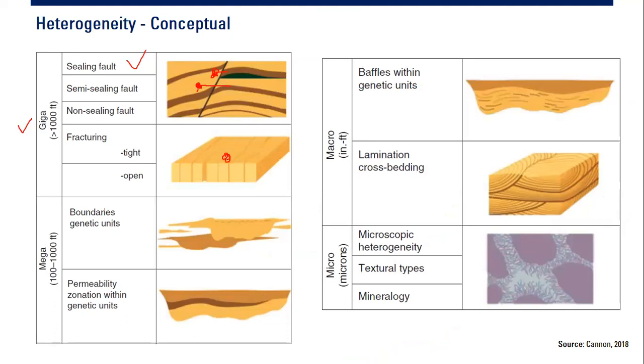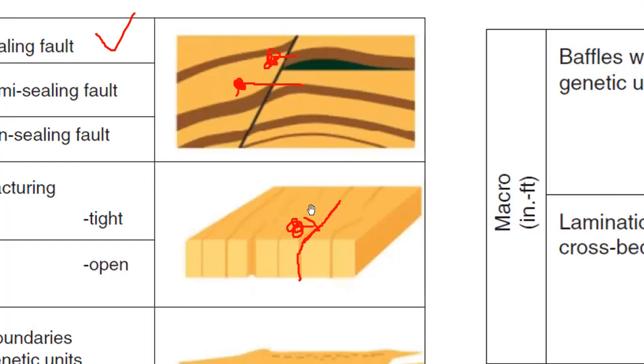So if you are here, maybe you have relatively low permeability, but you just move to the east, to the right, and you will find a zone with a very high permeability. And actually, that zone is the fracture. So if you move to the north, west, east, or south, the properties are changing.